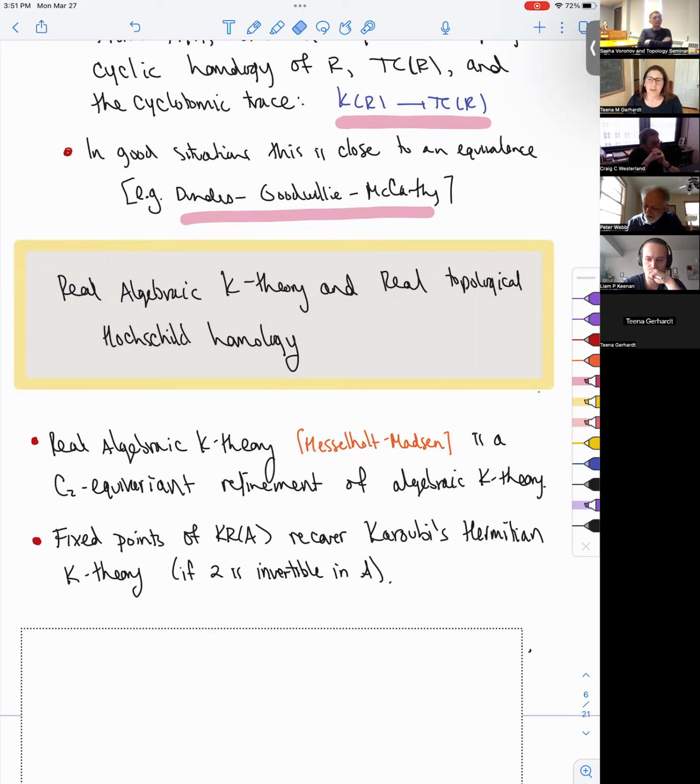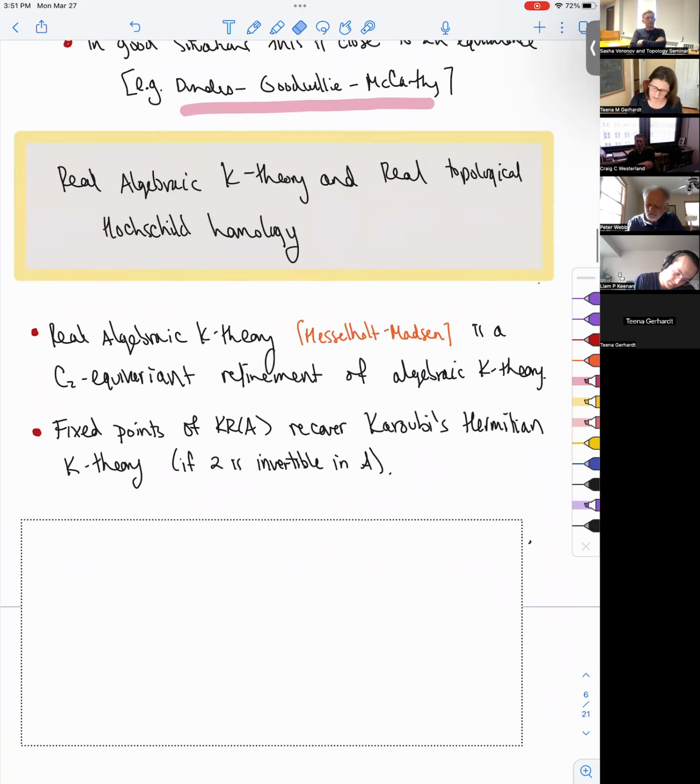Real algebraic K-theory is a relatively new theory due to Hesselholt and Madsen, and it's an equivariant refinement of algebraic K-theory. So it's a C2 equivariant refinement of K-theory. The C2 fixed points of real algebraic K-theory recover another kind of K-theory, which is Karoubi's Hermitian K-theory. So there's been a lot of interest in recent years in understanding this equivariant refinement of K-theory.